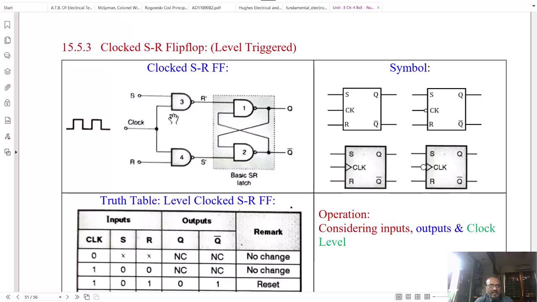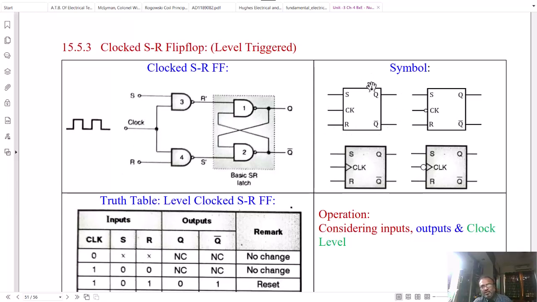And S and R inputs additionally pass through two NAND gates and they are individually ANDed with the clock input. So R dash and S dash input of the first level of the gates depend on the state of the clock, whether it is in high state or in low state.